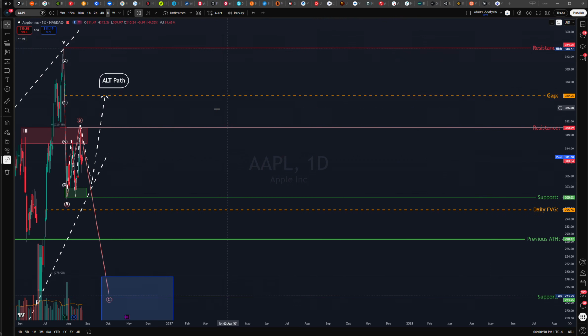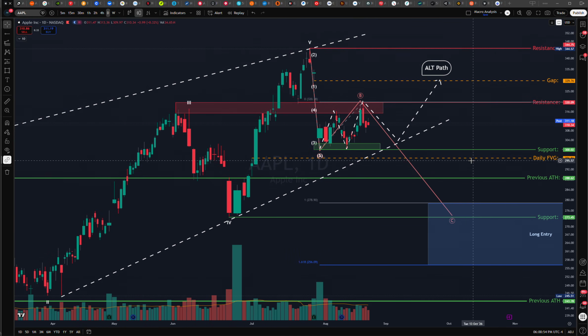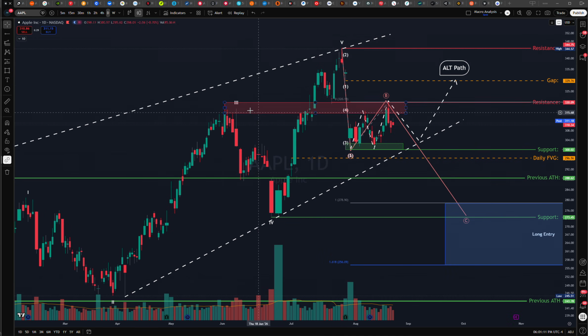But looking at Apple right now, on the daily time frame, you're currently rejecting this level right here, a level rejected previously. And you completed, okay, this was wave 1, ABC, 1, 2, 3, 4, and your fifth wave. Whenever you complete a wave, you tend to have the market move in 5 waves to the upside, 3 waves to the downside in a healthy, bullish market.